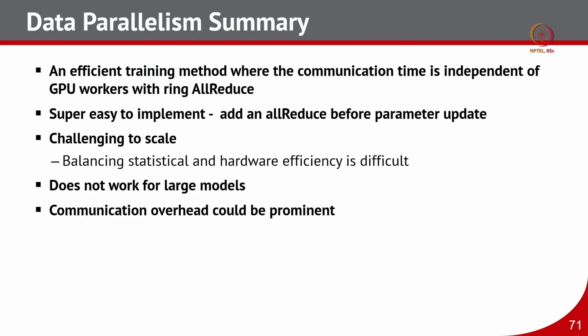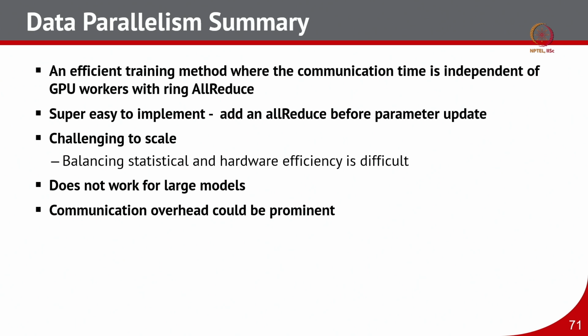Now, to summarize data parallelism in DNN training, we discussed that it is an efficient training method where the communication time is independent of the number of GPU workers with ring all reduce. It is super easy to implement. You can just have this all reduce before the parameter update, right. That is how data parallelism can be implemented, but it is challenging to scale. We need to balance the statistical and hardware efficiency.